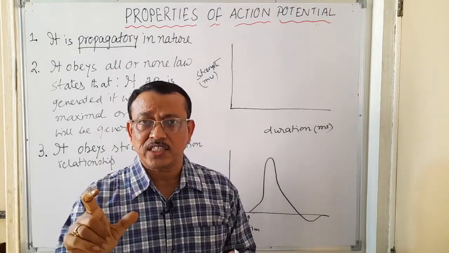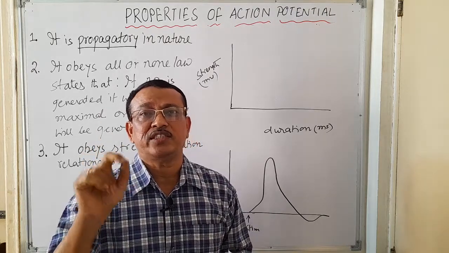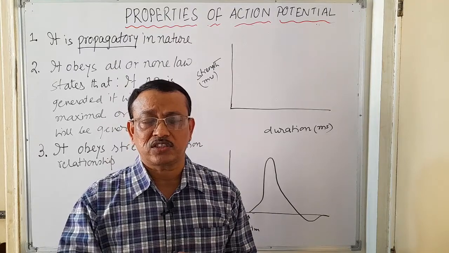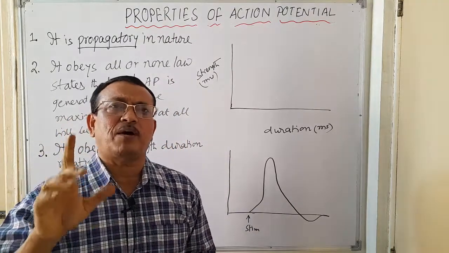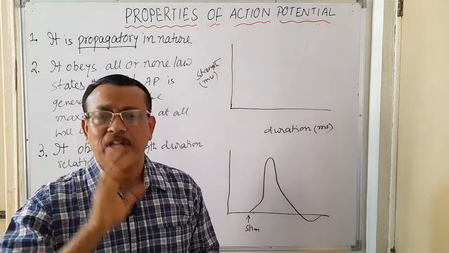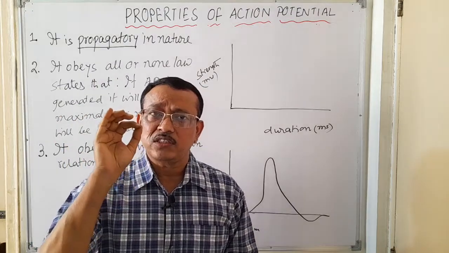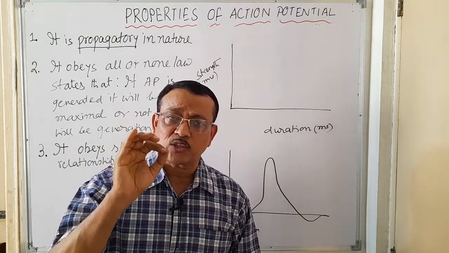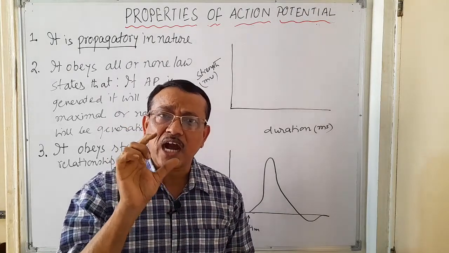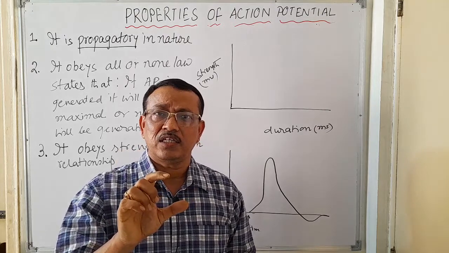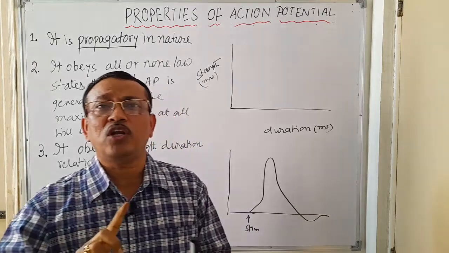And that stimulus which has the capacity to generate the action potential is known as the threshold stimulus. Now, for example, the threshold stimulus is 5 millivolt. So this 5 millivolt intensity of the stimulus has to be applied to the membrane for a certain period. Otherwise, the action potential will not be generated.